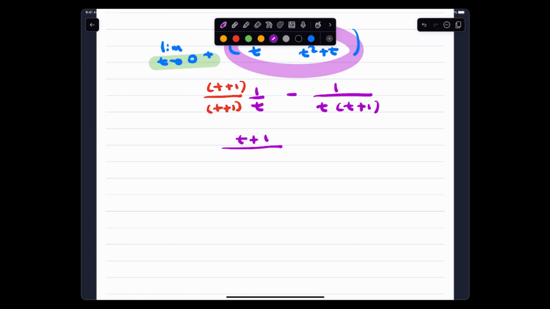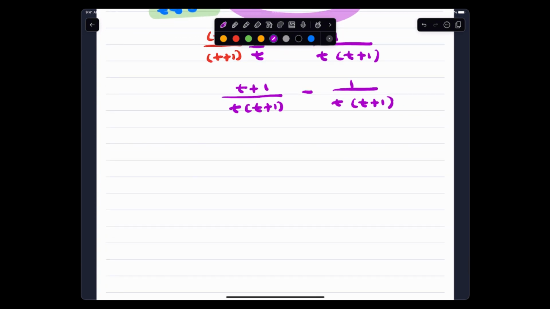So this is going to be t plus 1 over t times t plus 1, minus 1 over t plus 1. Now, what's nice about this? Do you guys know? Double check my algebra. When you have the same denominator, you can do the what? Remember this?